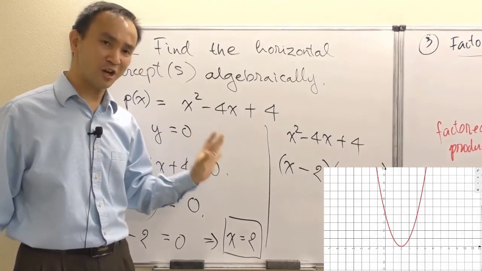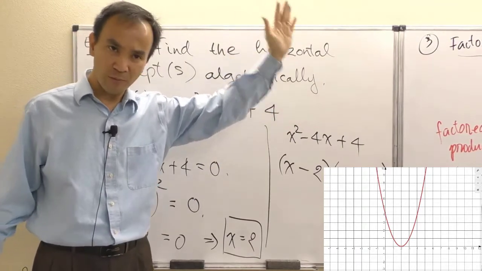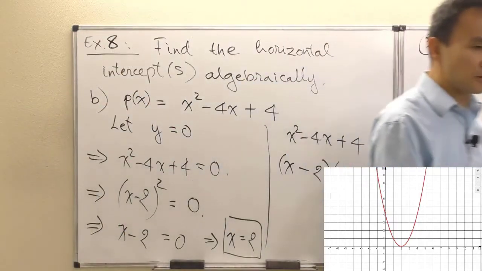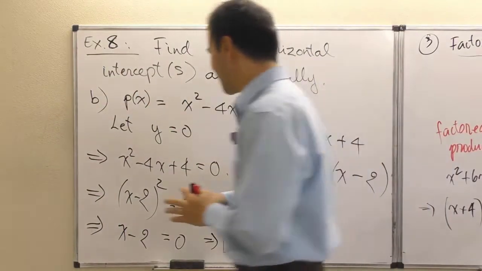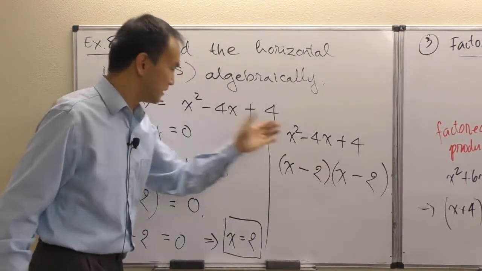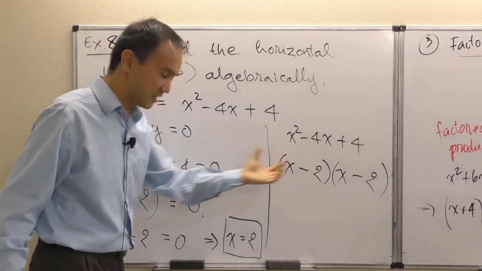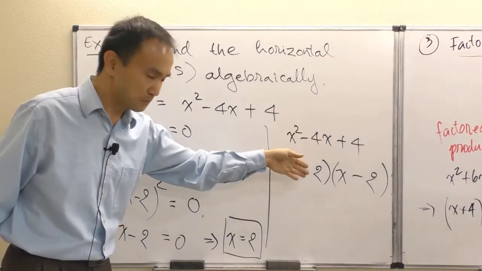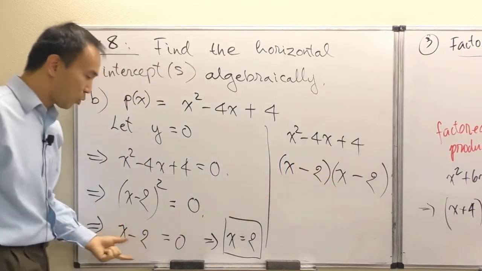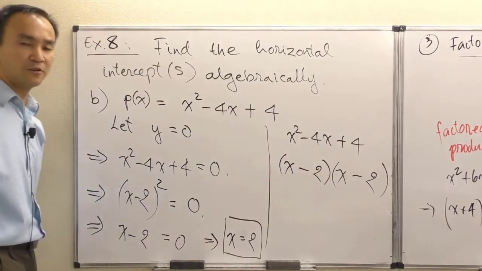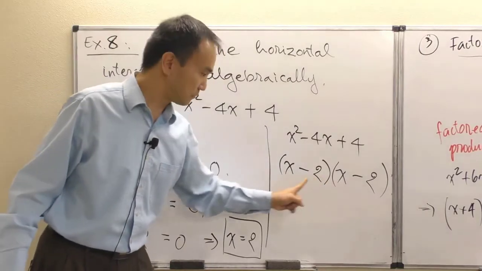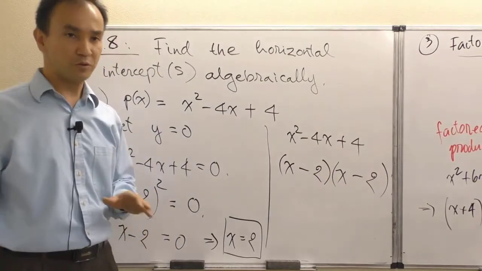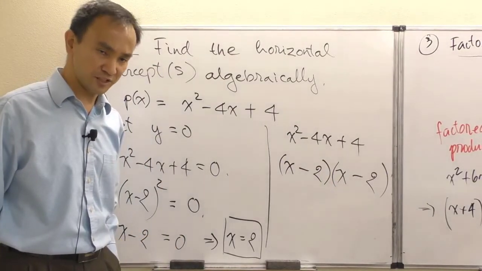Right now we just learned the solid technique: put your polynomial into a factor product, then separate out each of the linear factors, equate each with 0, and solve for the value. Sometimes a factor is repeated, like in this case, and we will get through those details.